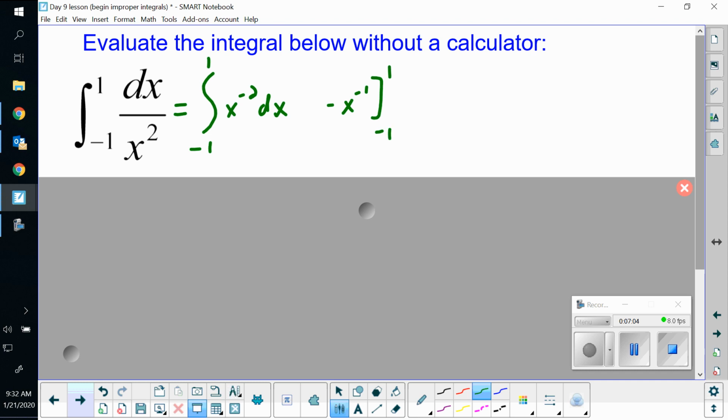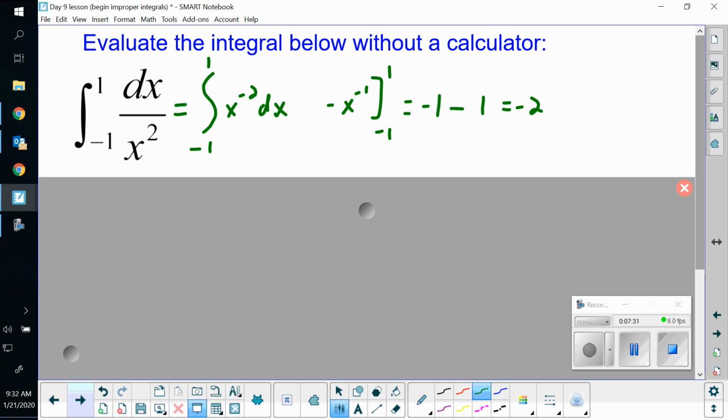Well, if you sub in a 1, that's going to give us a negative 1. Minus, and when you sub in a negative 1, you'll get negative 1, but then it's negated, so positive 1. So we'll have negative 1 minus 1, which gives us negative 2. So we get an answer from doing our process, okay?